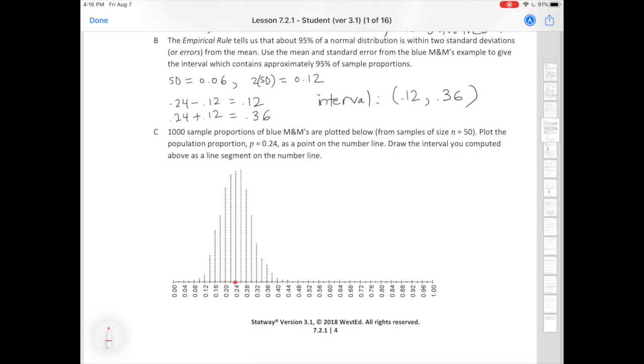It says draw the interval you computed above as a line segment. So remember, we're going from 0.12 until 0.36. So this is 0.12, this is 0.36. So I'm going to connect this with a line segment here. Okay, that's what we get.